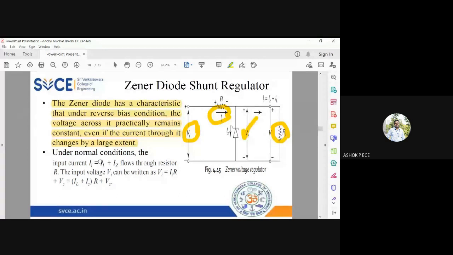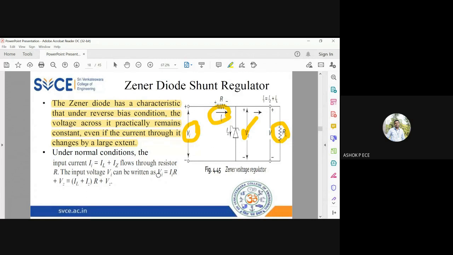So see here, from this you can see II is equal to IZ plus IL. II is the input current, which is splitting into Zener diode current plus the load current. From Kirchhoff's voltage law, you can write the total input voltage VI equal to the voltage across the resistor plus the voltage across the Zener diode.